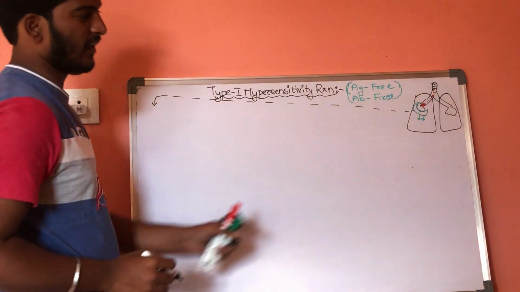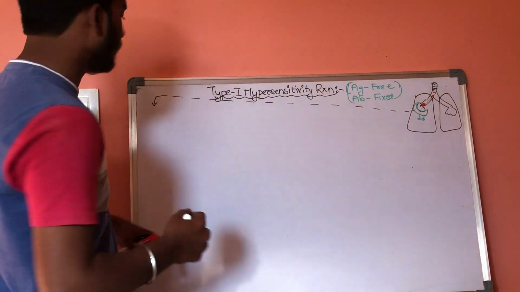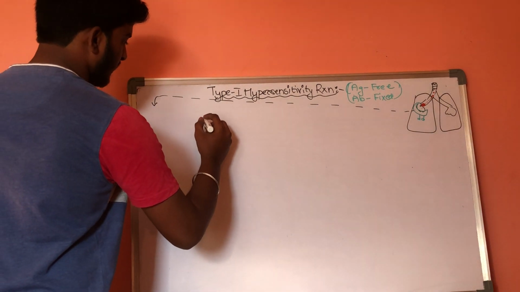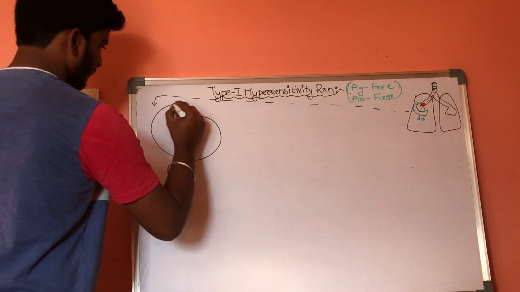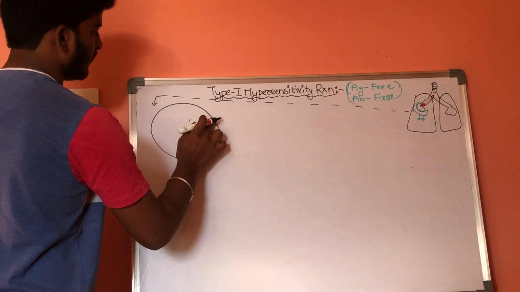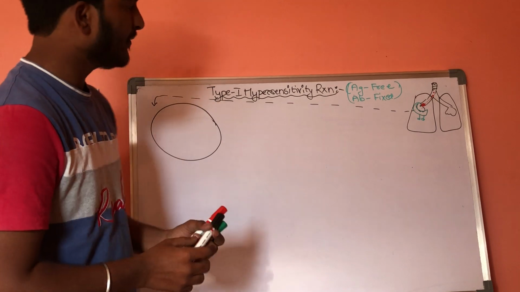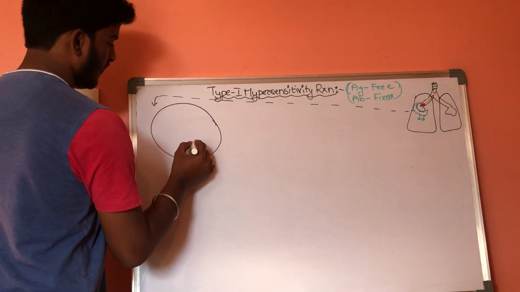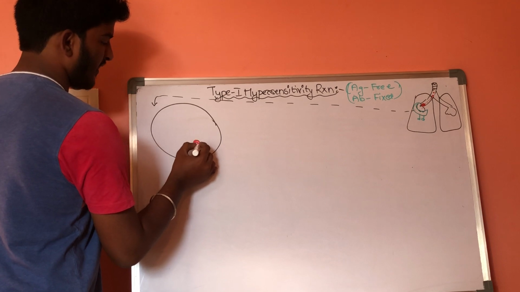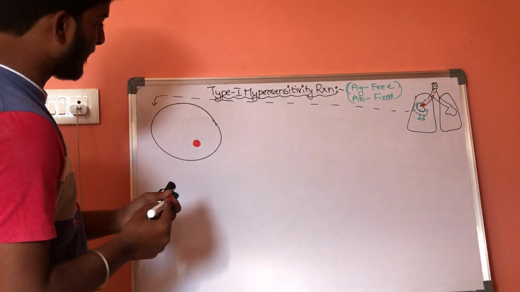The foreign particle which has entered the lungs will activate the macrophage. Let us consider this is a macrophage in our body and this is a foreign particle which is present inside it.